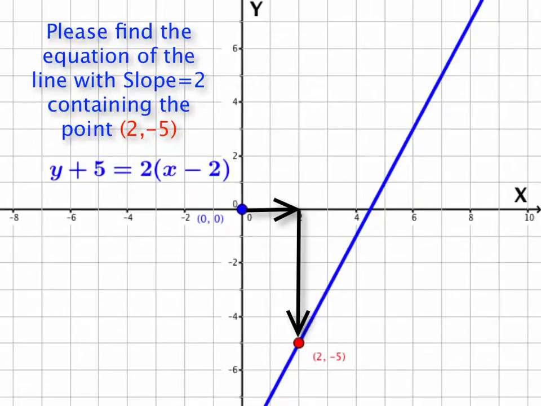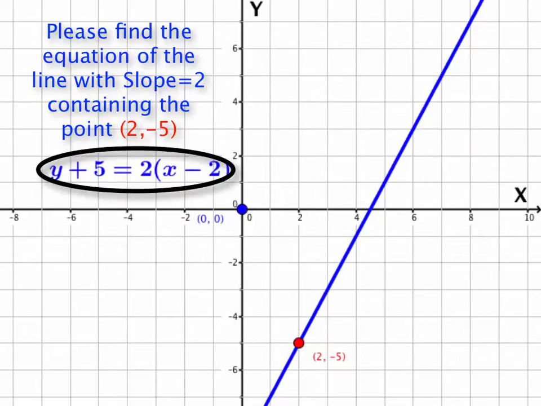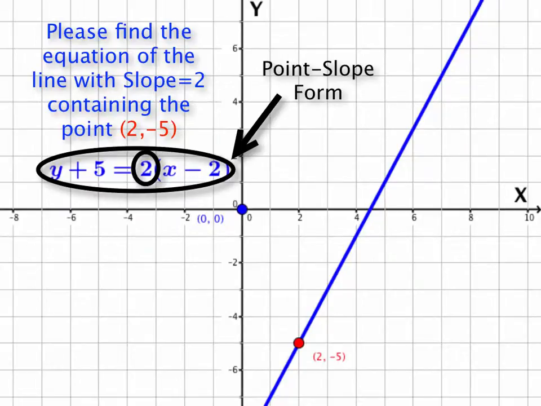And this is the equation for a line whose slope is 2, containing the point (2, negative 5). And as it stands, this way of writing a linear equation is called the point-slope form of a linear equation, because the slope of the line is readily apparent, and the point it goes through is also very apparent just from looking at the equation.